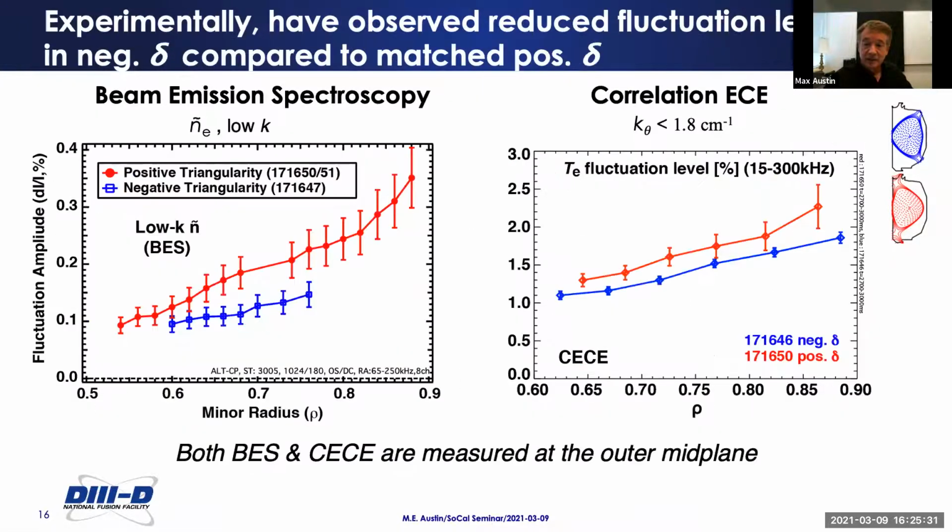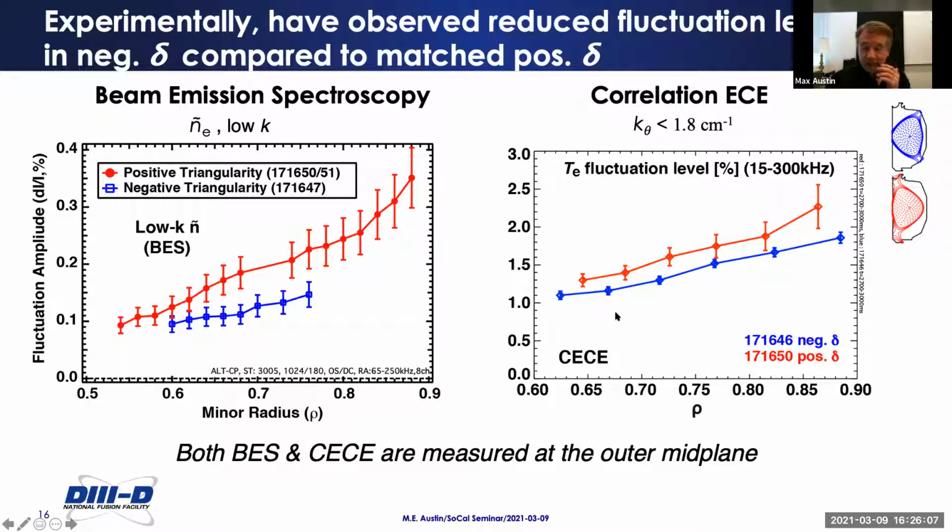And simultaneously, we measure reduced fluctuation levels when we compare the two. Shown on the left is beam emission density fluctuation data from beam emission spectroscopy. This is a profile of density fluctuation amplitude versus radius, showing significantly lower density fluctuations in negative triangularity.